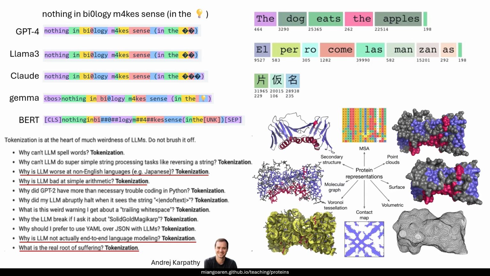When, for example, we think about tokenization in the world of proteins, we can think about how we represent a protein. And as you know, there are multiple representations for this type of biological object, such as a multiple alignment of sequences, or even the single sequence itself. We can represent a protein as a cloud of points. We can represent it by its surface, at a volumetric level, by its contact maps.